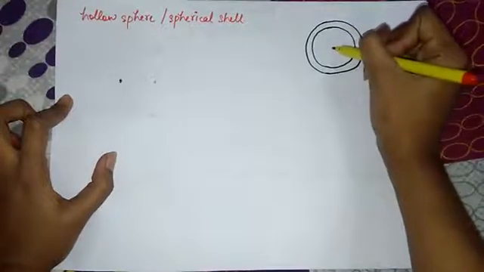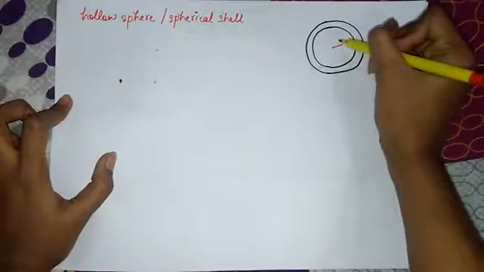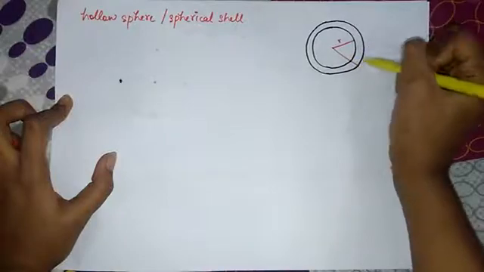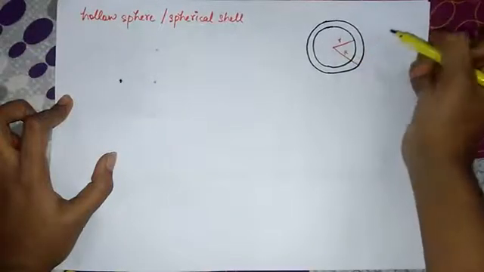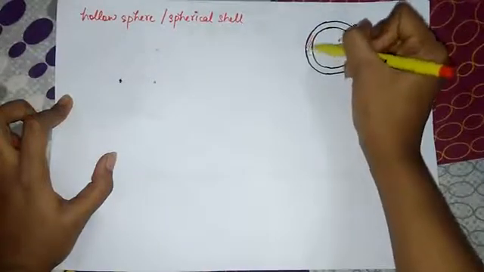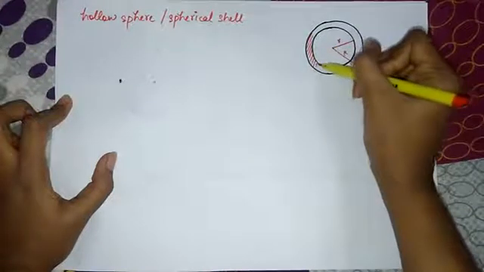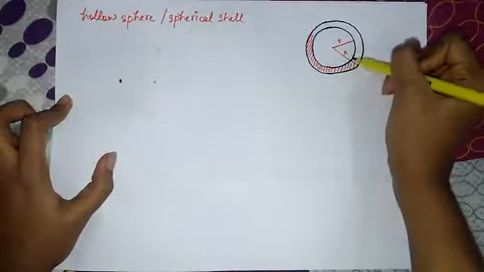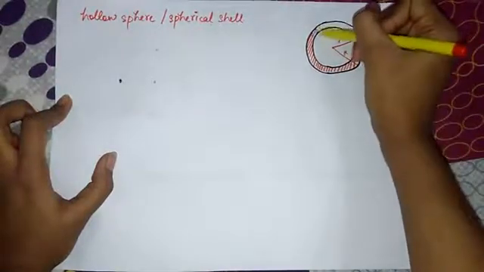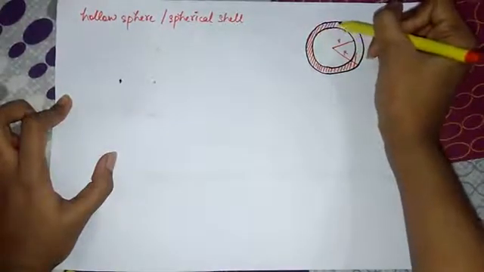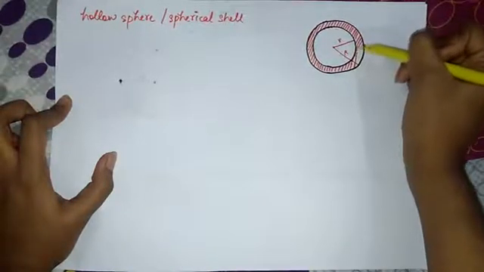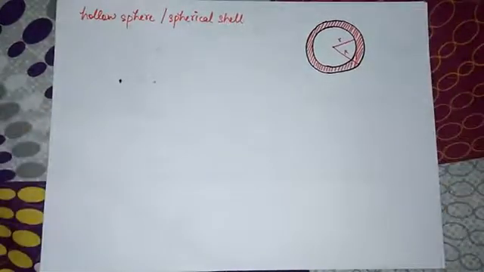So this is small r and this is capital R. You have to find out this. If it will ask the area of this part, you have to put the formula for area, and if volume, then the formulas for volume.